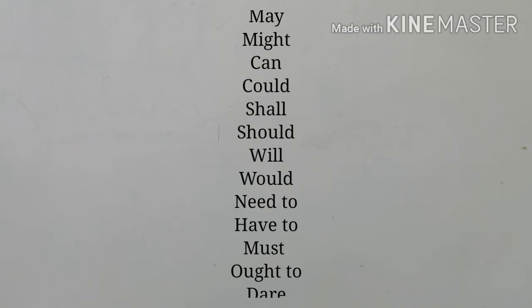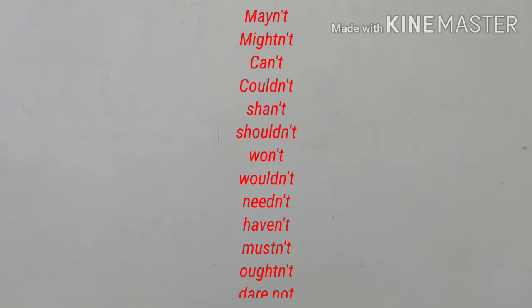Now, each of them can also be used in their negative forms as modals. So, may can be may not, might, might not, can, cannot, could, could not, shall, shall not, should not, will not, would not, need to, need not, have not, must not, dare not, and must, ought to, ought not.